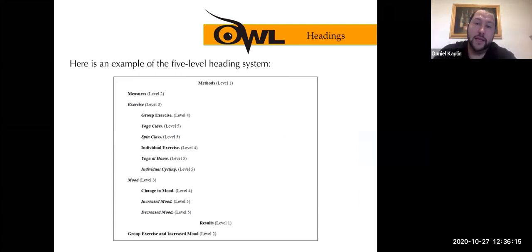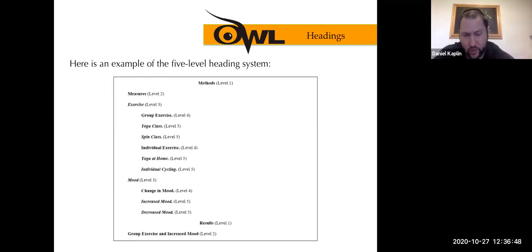It's bold, center aligned, and the first letter of each word is capitalized. Level 2 heading is bold and left aligned. Level 3 heading is left aligned, bold, and italicized. Level 4 heading is indented, left aligned, bold, followed by a period, and that's when you start writing. That's part of the sentence structure.